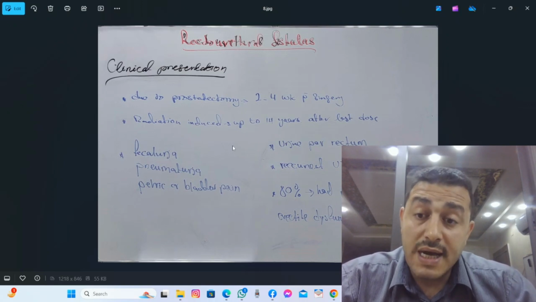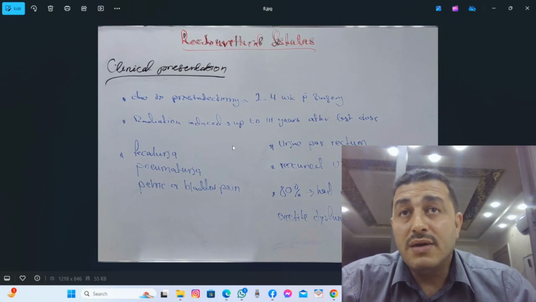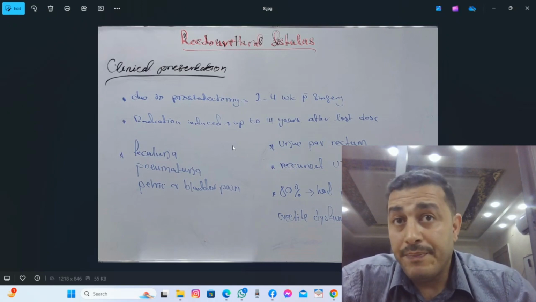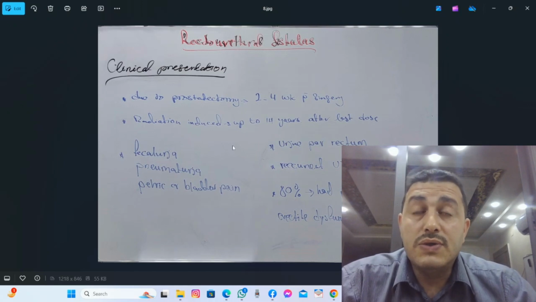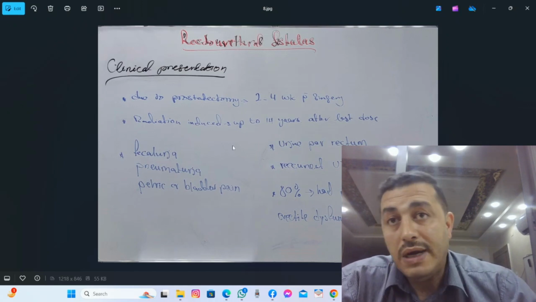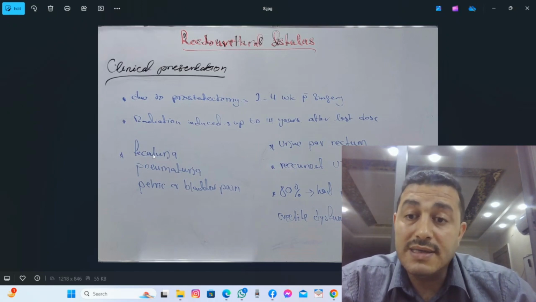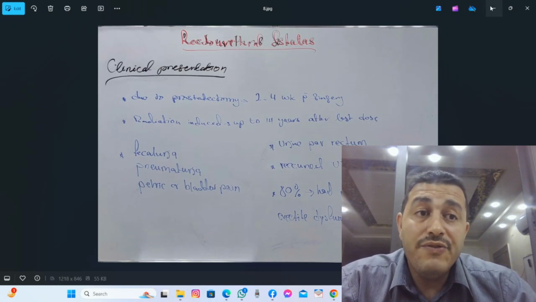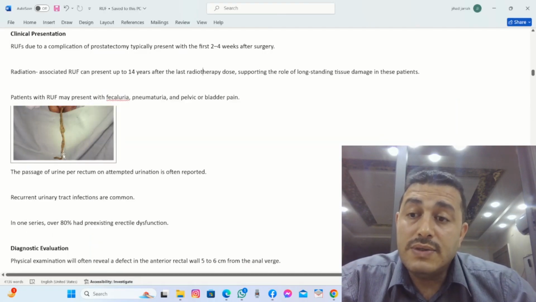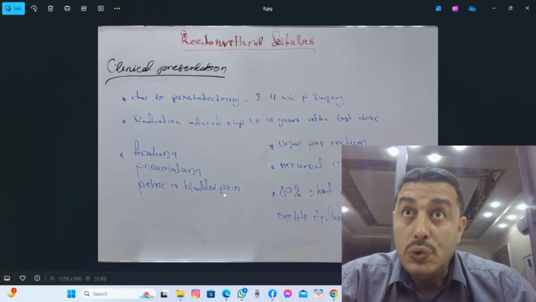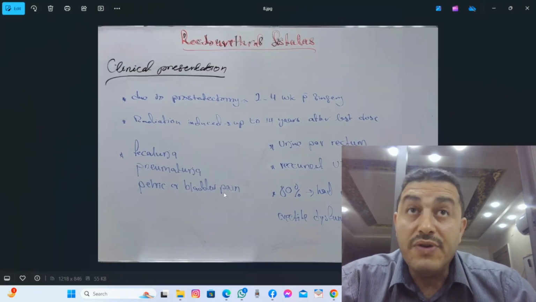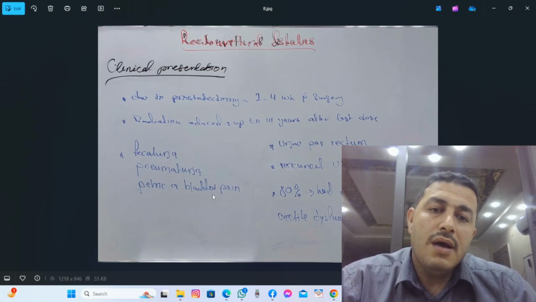The symptoms, it's a connection between the rectum and the urinary system. So stool can migrate to the urinary system and present as fecaluria, as you see here, feces with urine, hematuria, pelvic or bladder pain.